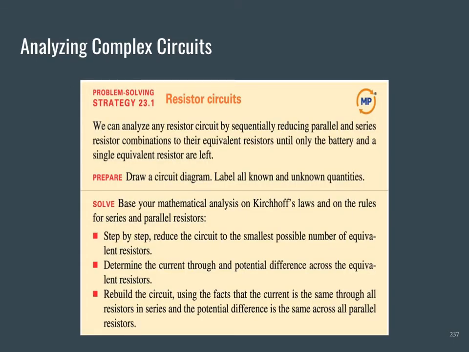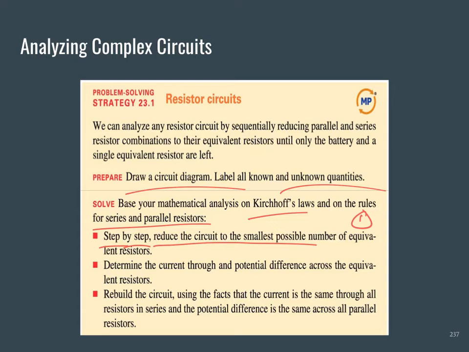So there's a couple of problem solving strategies. We draw the circuit diagram and we label everything that we know and don't know. Then we use Kirchhoff's laws and the rules for series and parallel resistors. We're going to do that step by step, so we might have to draw several circuits. We're going to reduce the circuit to eventually one resistor.